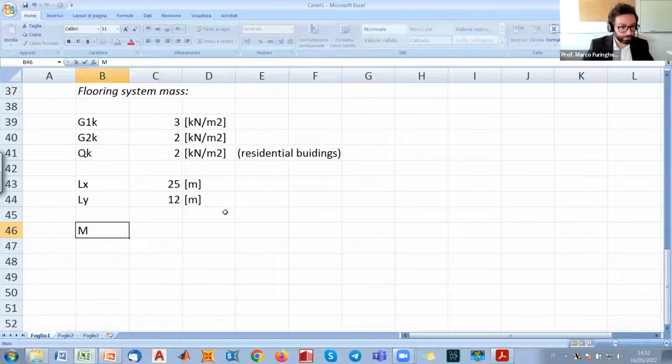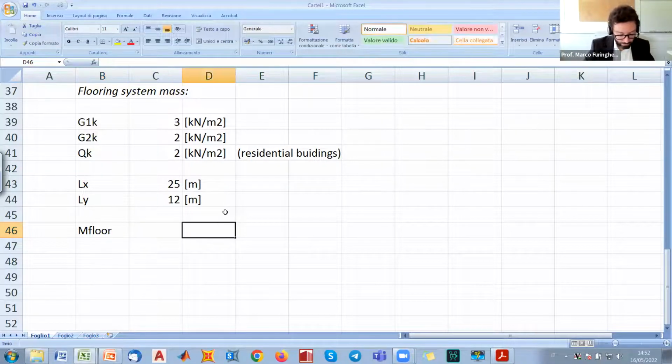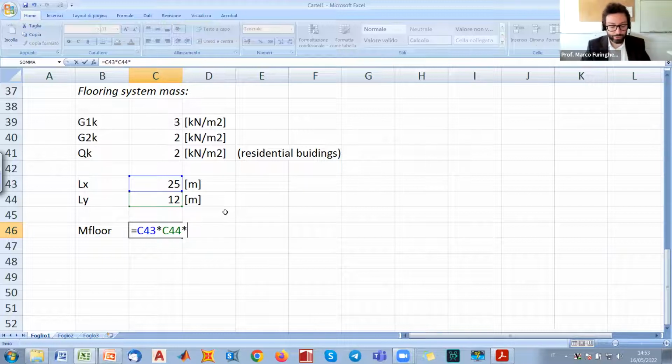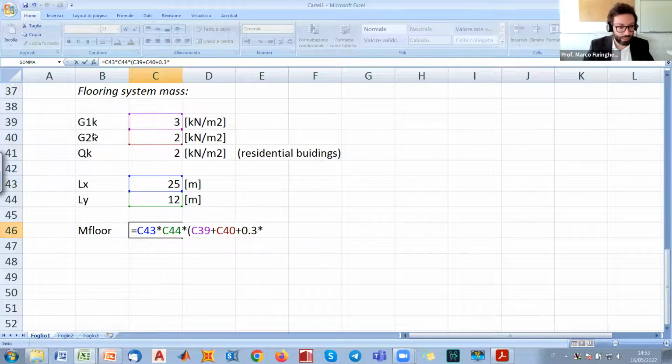So the M floor, in terms of tons, is equal to the area of the floor times the combination of the external loads that I've shown before. So this means G1K plus G2K plus 30% of live loads.